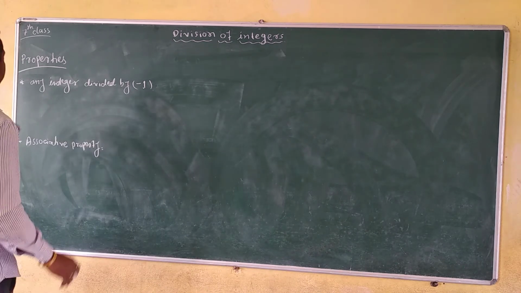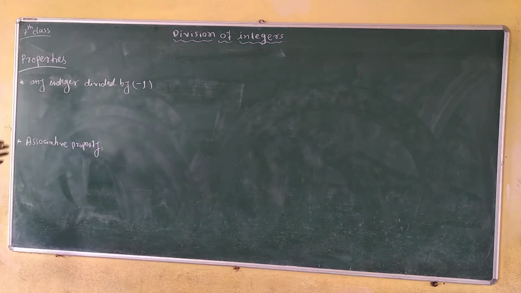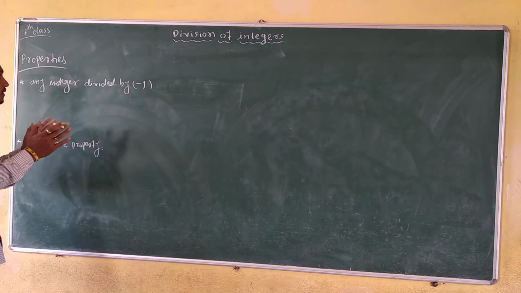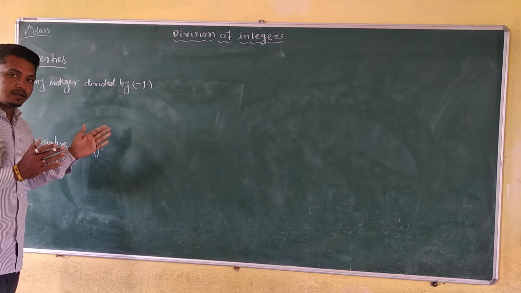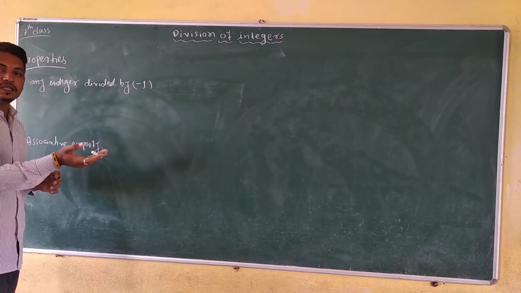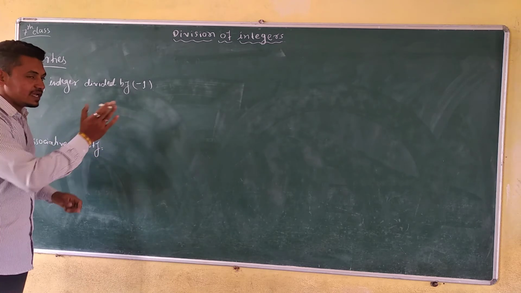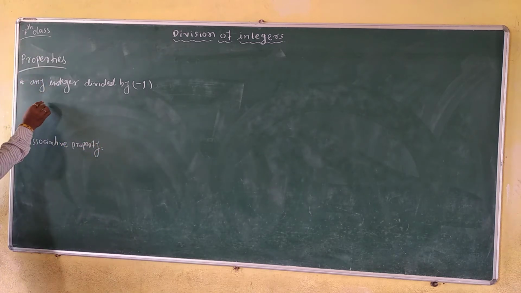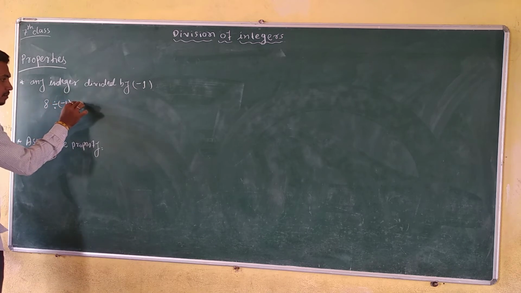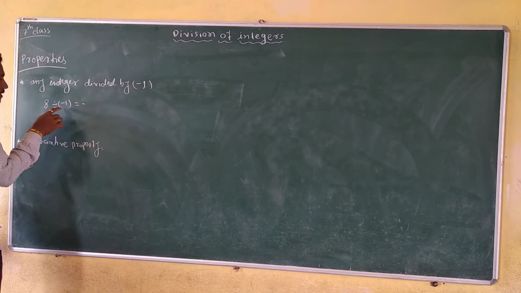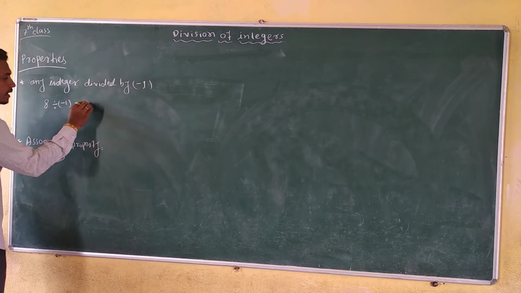So here is the next property. Any integer divided by minus 1: if any integer is divided by minus 1, does it give the same integer or not? Let us check first. See, 8 is an integer, 8 divided by minus 1 is equal to plus divided by minus, minus, then 8 divided by 1, 8.